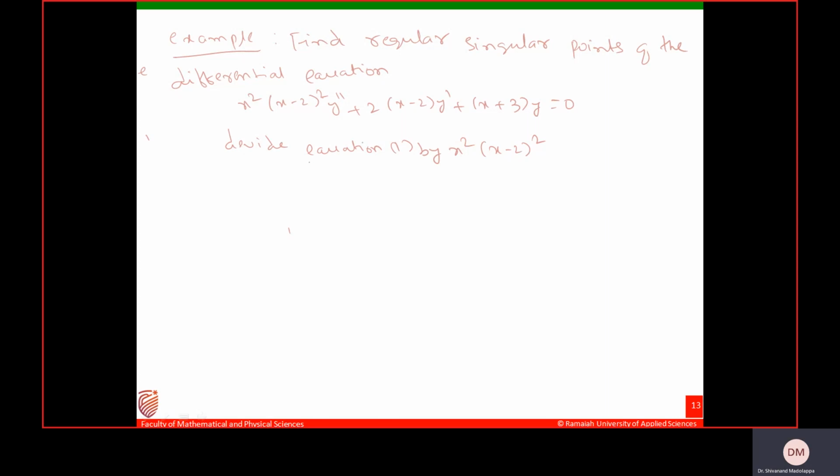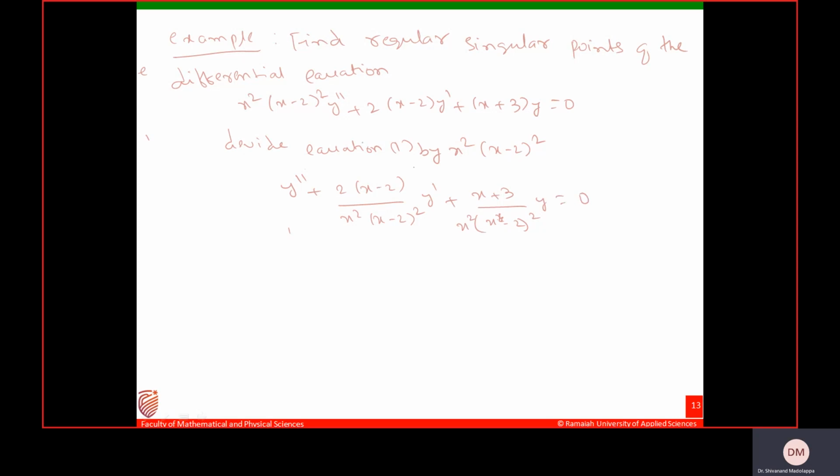Then we will get y double prime plus 2 into x minus 2 divided by x square x minus 2 whole square y prime plus x plus 3 divided by x square x minus 2 whole square y equal to 0.